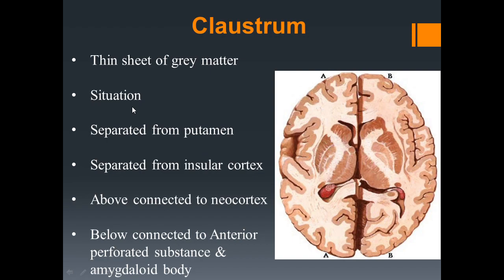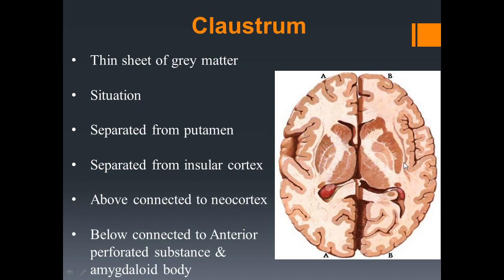Now what is claustrum? This is the second part of the basal ganglia. Here this is the horizontal section of the cerebral hemisphere, and here this is the claustrum. It is a thin sheet of grey matter and it is situated lateral to the lentiform nucleus.